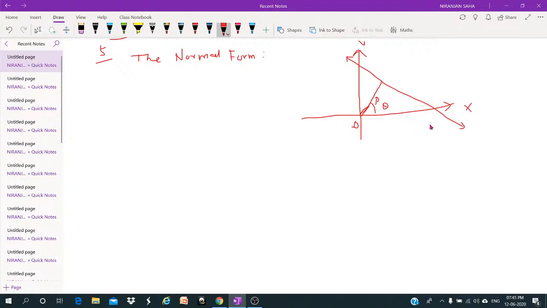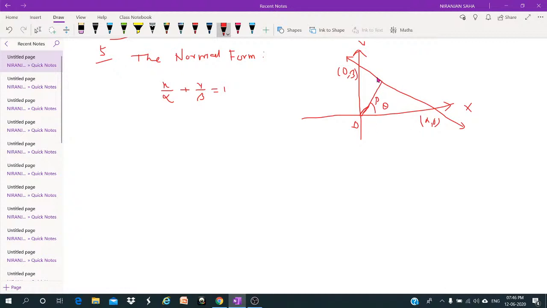So we will take that the straight line intercepts the x-axis at alpha, 0, and the y-axis at the point 0, beta. From the intercept form, the straight line equation is x by alpha plus y by beta equals 1. Now we wish to replace alpha and beta with p and theta. So how can we do that?